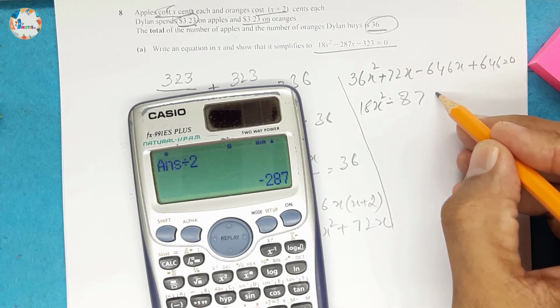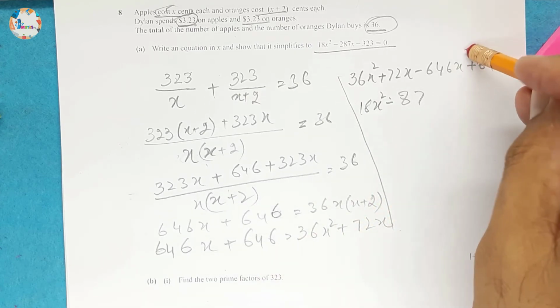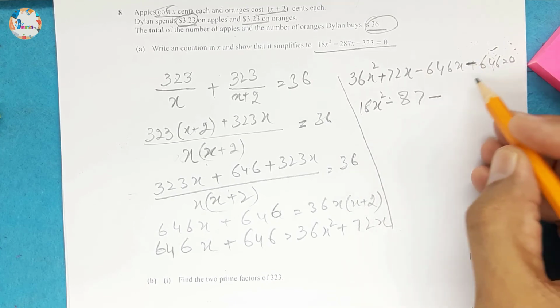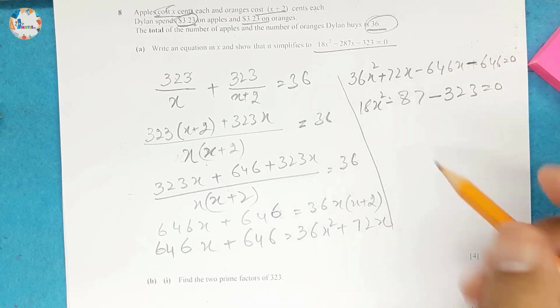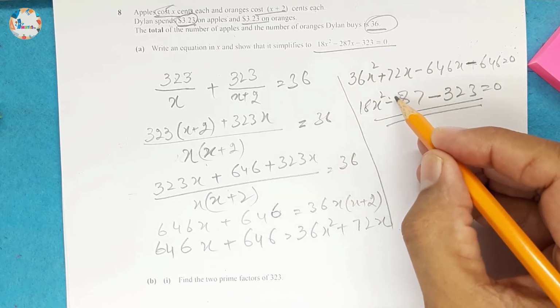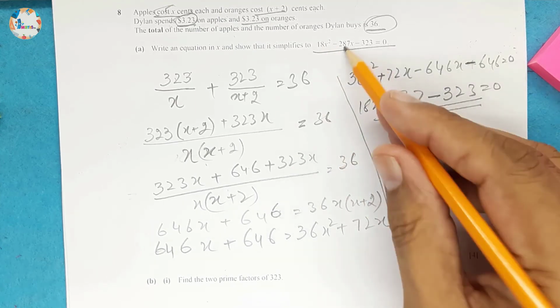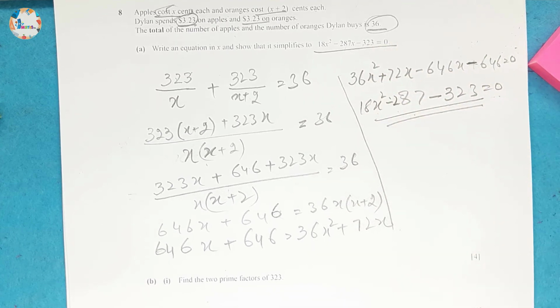And basically this should not be plus, because we are moving this to the other side, so this should be negative, and this will result in minus 323 is equal to 0. Hopefully you understood this, and this is the same equation which we were supposed to reduce. So 18x squared minus 287x minus 323 is equal to 0.